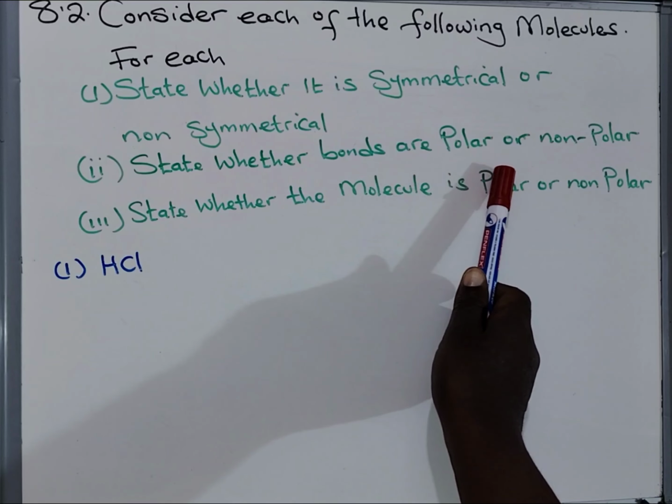Then the molecule. Like I said before, once you have these two situations, the molecule being non-symmetrical and having polar bonds, that implies that the molecule is polar.